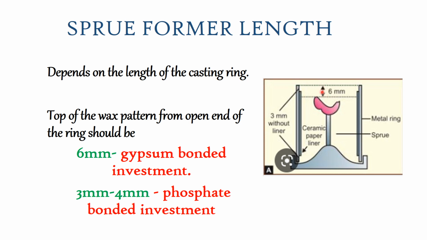And if you are using phosphate bonded investment, then this distance should be 3 to 4 mm. So your length of the sprue will be determined by the length of your casting ring. That means the sprue length should be such that the distance from the open end of your ring to your wax pattern is 6 mm.